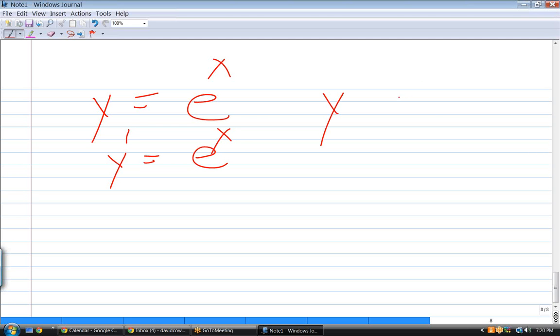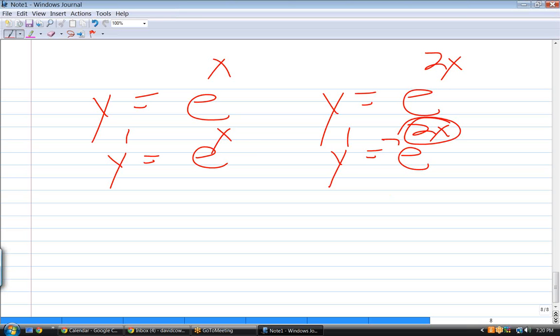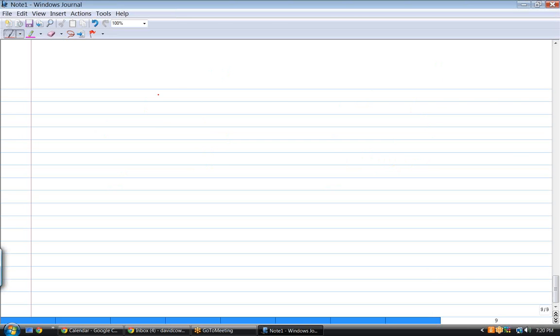Well, if y equals e to the 2x, then y prime is e to the 2x times the derivative of the inside, which is 2. So when you're applying the chain rule to this transcendental function, it's real easy. It's the derivative of the outside times the derivative of the inside, is what the chain rule is. And the places where it can be a little tricky are places like this.